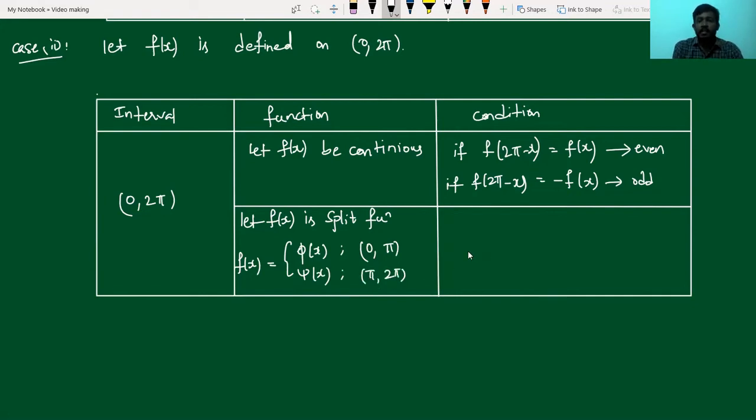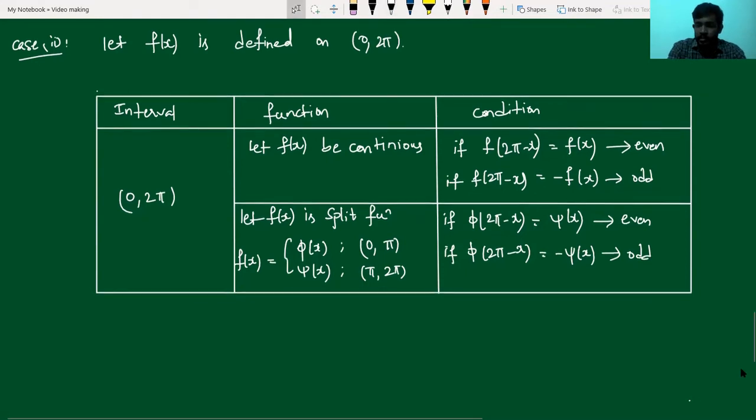If this is the case, then the conditions to test the odd and even nature are: if phi of 2 pi minus x is equal to psi of x, then we call the function even, and if phi of 2 pi minus x is equal to minus of psi of x, then the function is said to be odd. So this is about the second case.